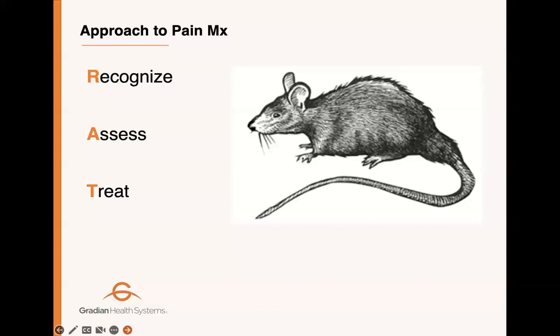We need to recognize if the patient is having pain. If yes, then we need to assess the severity of that pain. If we know the severity, whether it is mild, moderate, or severe, then it is easy for us to treat that particular severity of pain in that patient. Next.